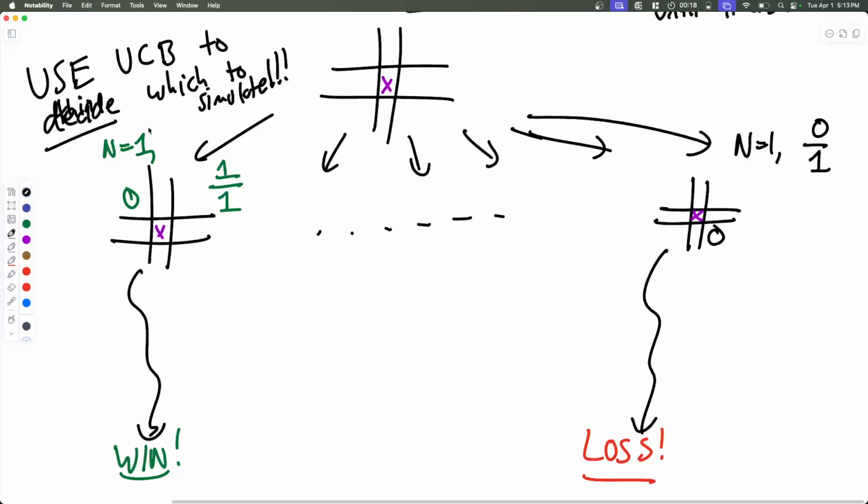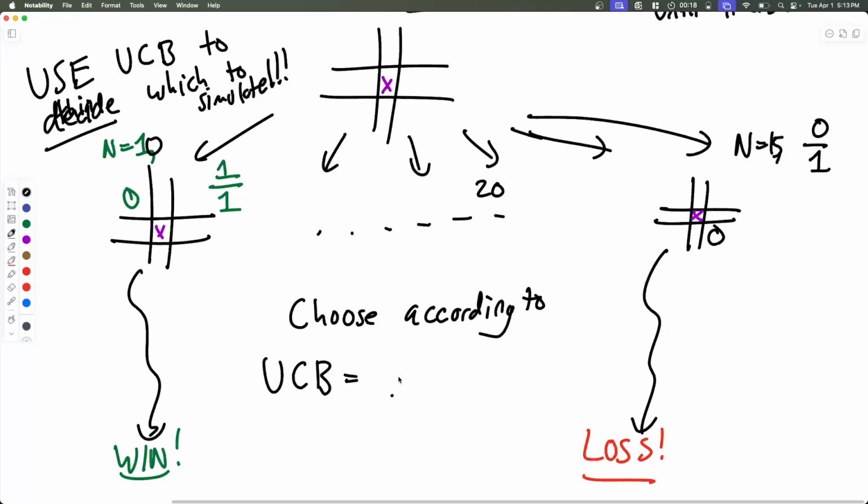So maybe sometime later, you've tried this one 10 times, this one 15 times, this one over here 20 times. The more promising ones you try more, and you choose according to UCB. The UCB is the average of all the games you've tried, plus some C divided by the square root of n, where n is the number of times you've tried each one.